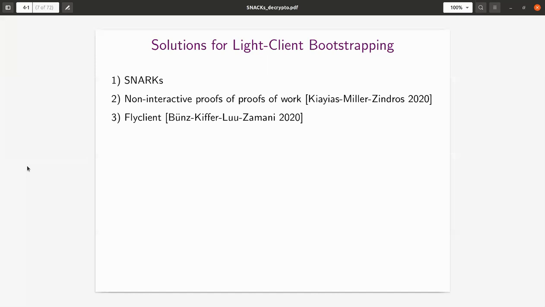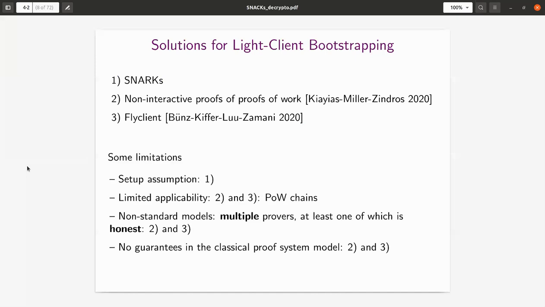Snarks solve lots of problems. And you have the very interesting work of non-interactive proofs of work. And you have also FlyClient. So these are the major three approaches. And as interesting as they are, all of these solutions have some limitations.